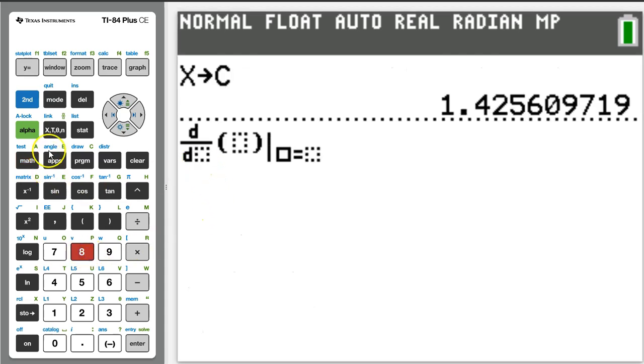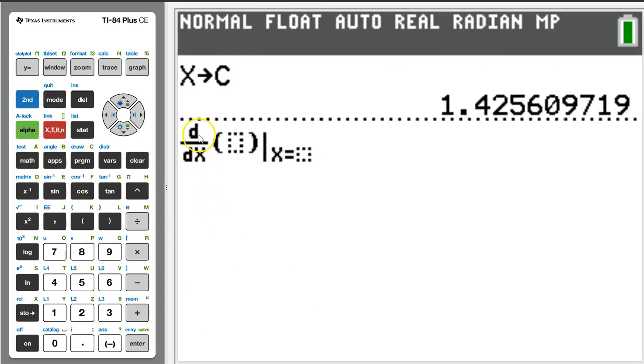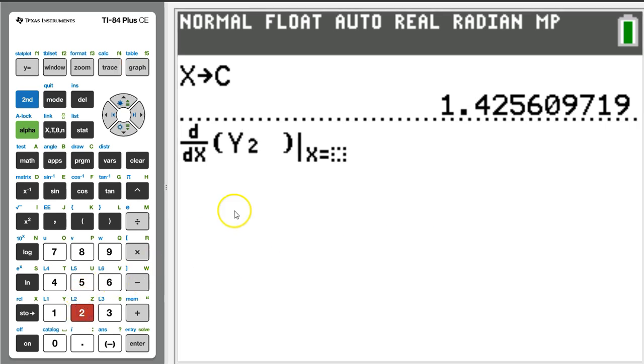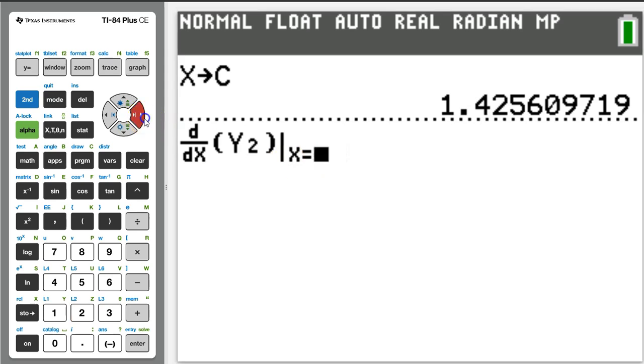Go ahead and call it dx, and we need to do the derivative of y2 since that's where we stored the velocity function. To make y2 show up, hit alpha trace and hit 2 for y2. We need to evaluate this derivative at x equals 1.5.